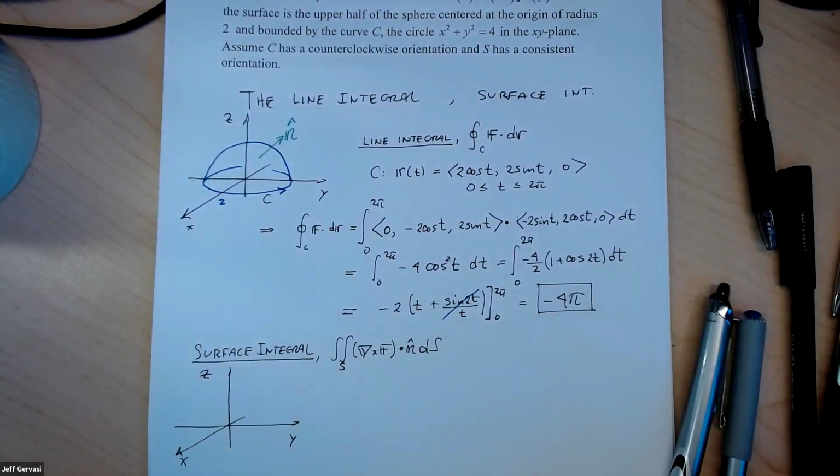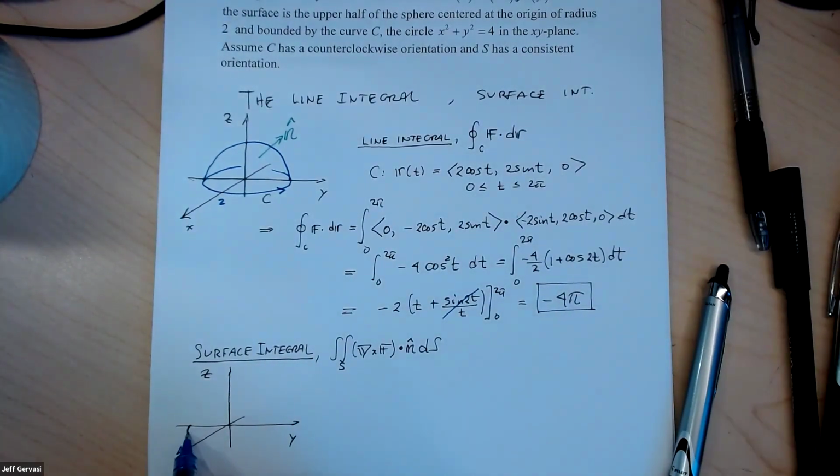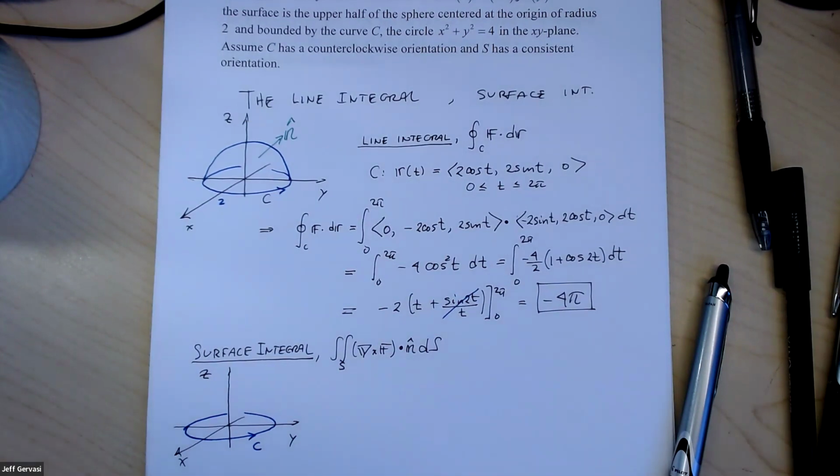So here's my bounding curve C. And the surface I'm going to replace the upper sphere with is going to be this one. It's going to be the xy plane z equals 0 bounded by that curve C. Okay, see how I did that?